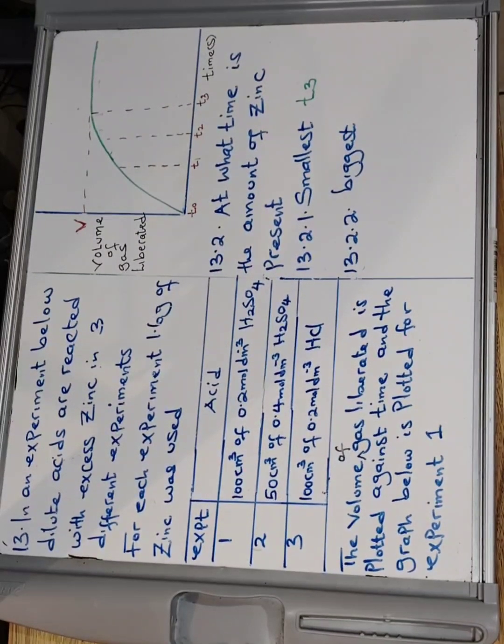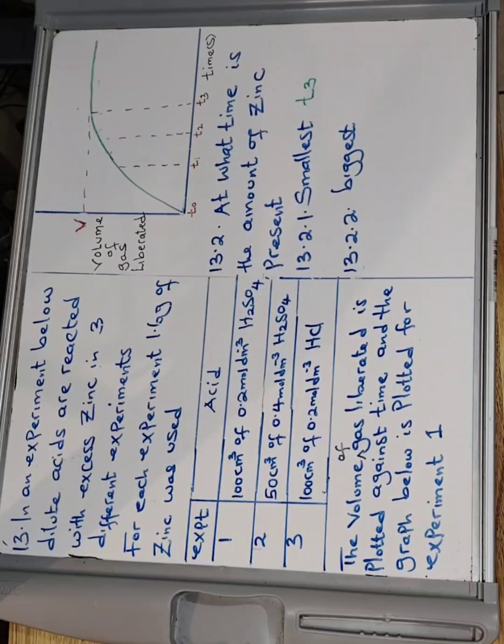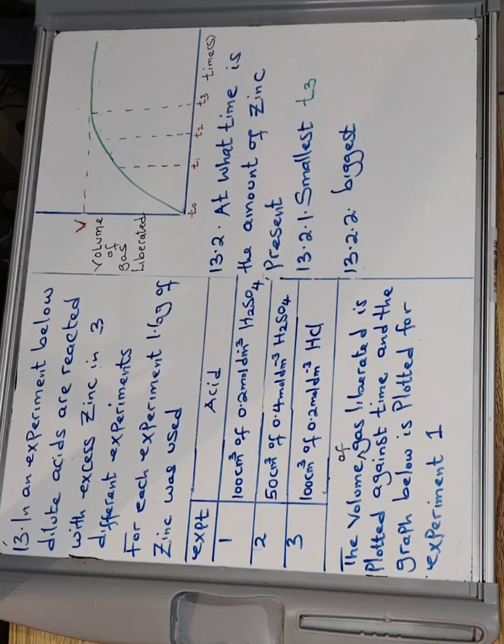Then comes this question. It says that at what time is the amount of zinc present the biggest? It's the same explanation. As time passes, the amount of reactants tends to decrease because they are reacting.